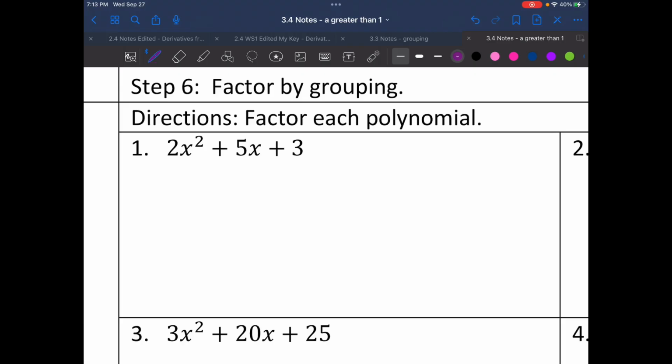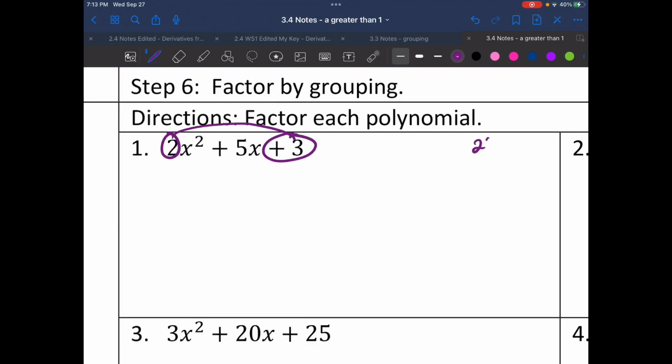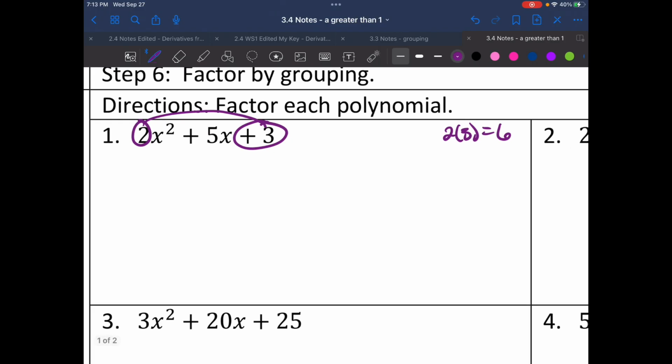On example 1, I would check for GCF. There's not one. Then I would take the leading coefficient and multiply it by the constant, and make sure you include the sign in front of it. So 2 times 3, which is 6.